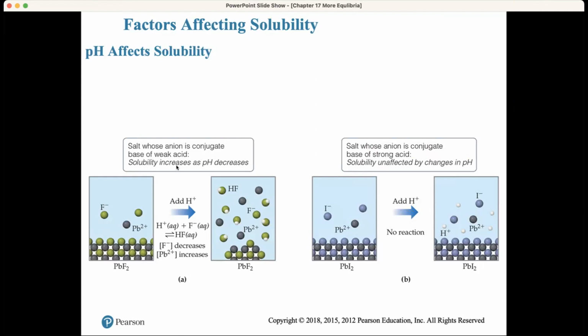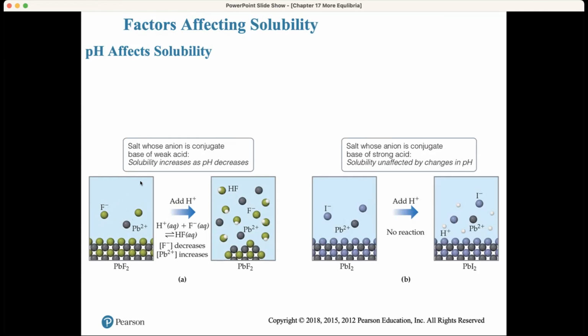Okay, so here I have a salt, lead fluoride. One of the ions, fluoride, is an anion, right? That's a weak base. It came from hydrofluoric acid. So if I add H+ to this solution, I'm going to force a bunch of these fluorides to react.